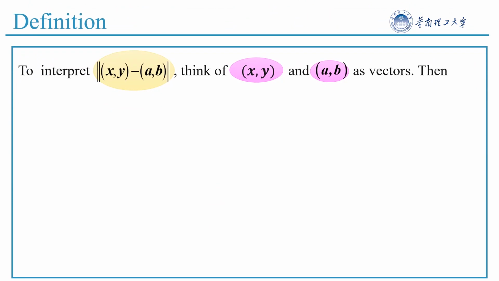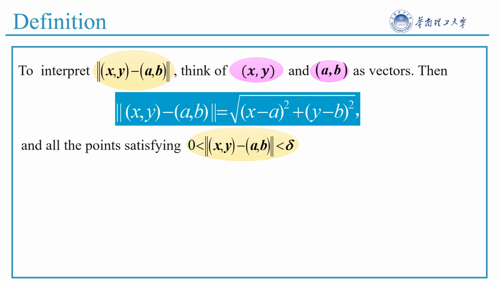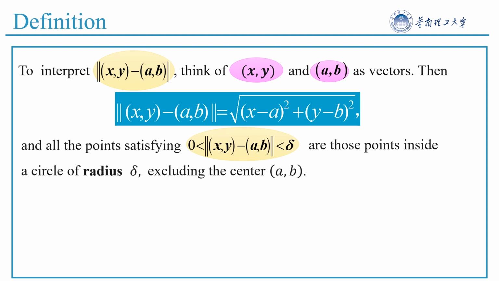To interpret the expression, just think of (x,y) and (A,B) as vectors, then we have the following expression, and all the points satisfying the inequalities are those points inside a circle of radius delta, excluding the center (A,B).